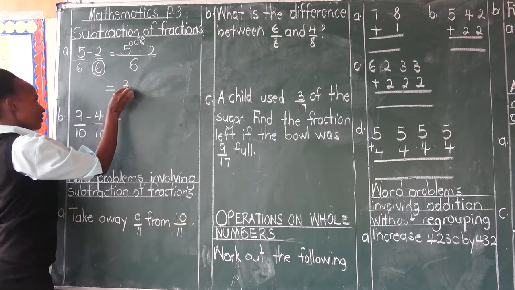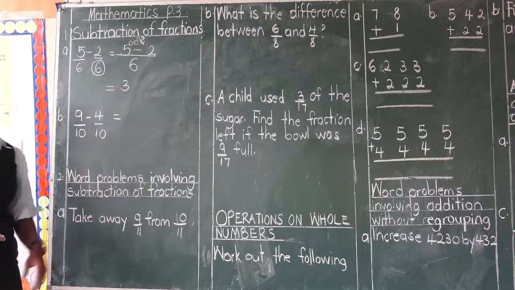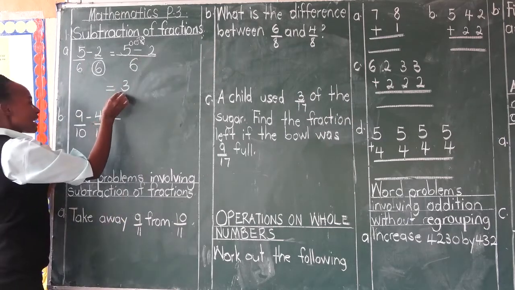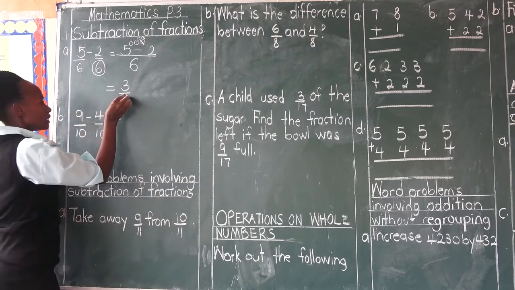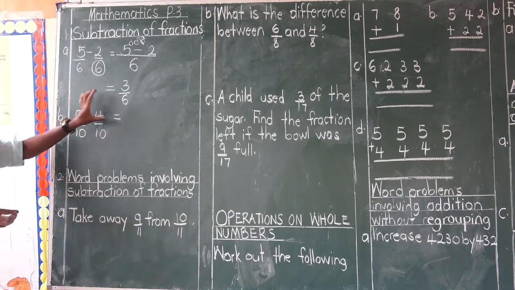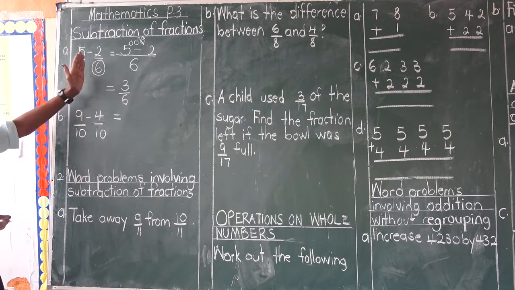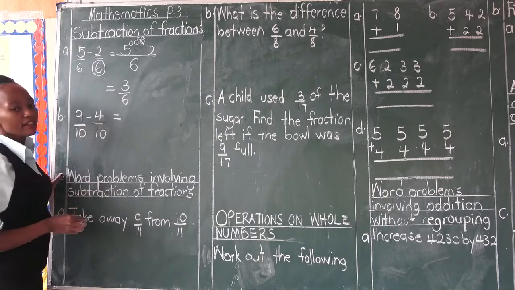It is 3, but if we just write 3, that's not a fraction. We have to put our sleeping line with the denominator which we circled. 3 out of 6. Now that's the answer. When we take 5 out of 6, take away 2 out of 6, we get 3 out of 6.